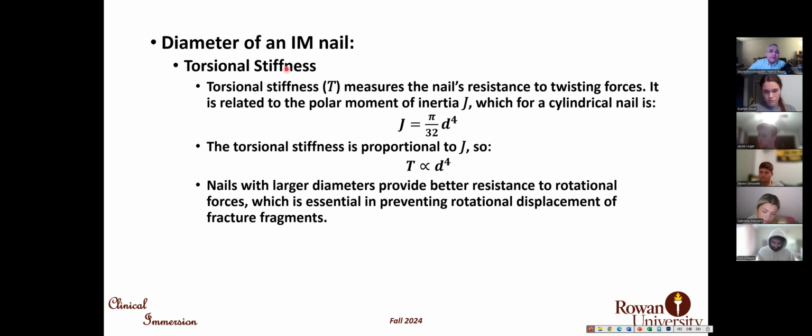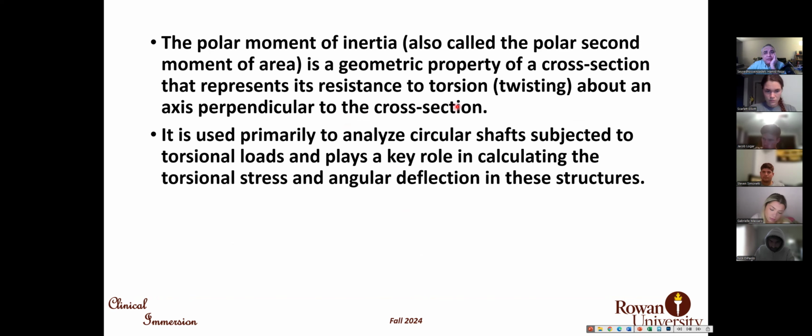Torsional stiffness, resistance against any torsional movement. Again, it is proportional to the polar moment of inertia. Polar moment of inertia is, again, a geometric property.